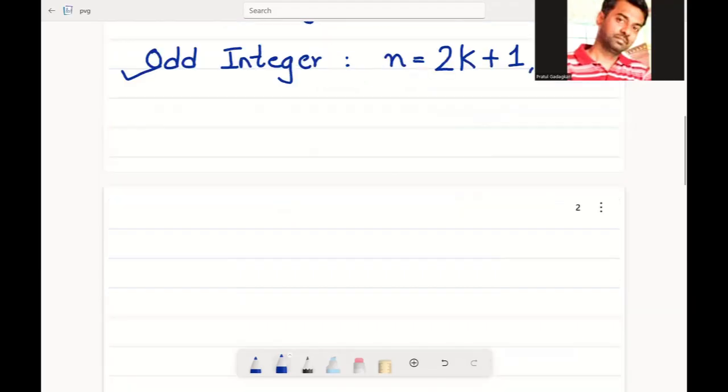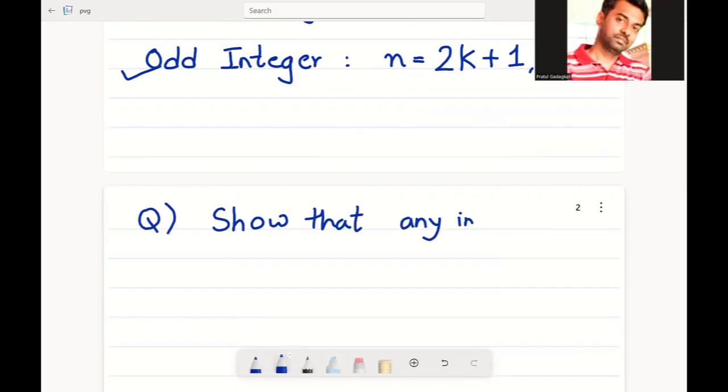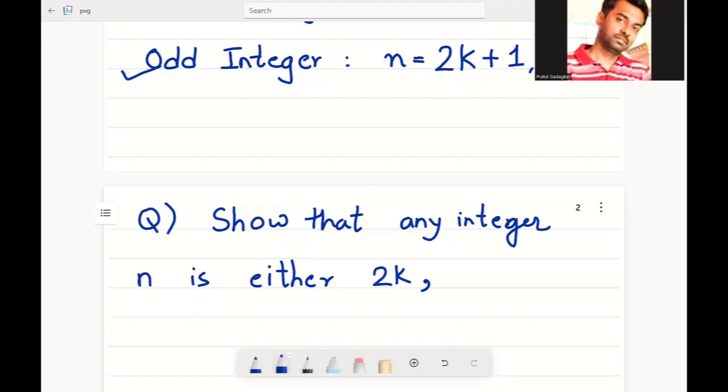Okay, so let's take a question. Show that any integer n is either of the type 2k or 2k plus 1. Means every integer is either even or it is odd.